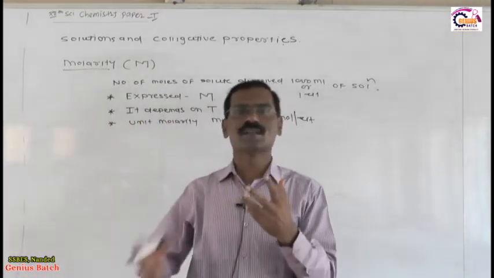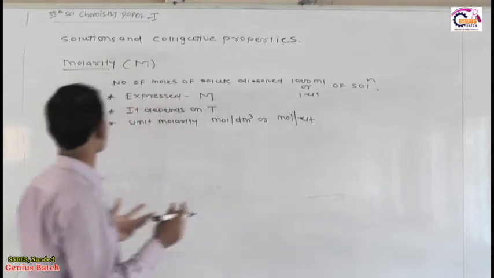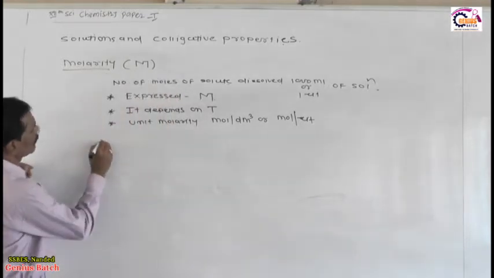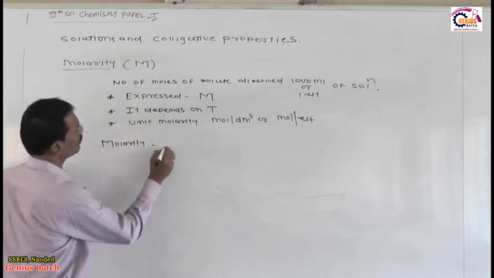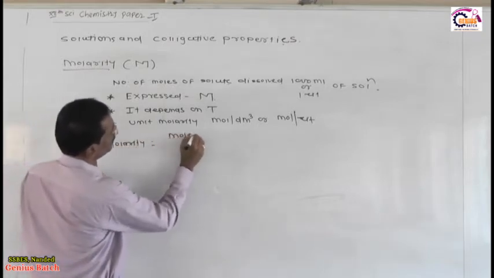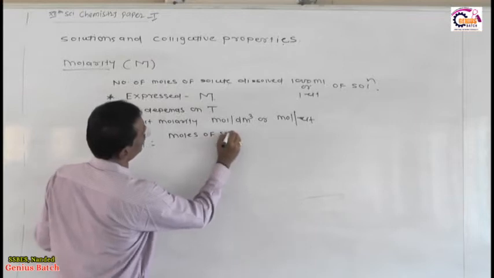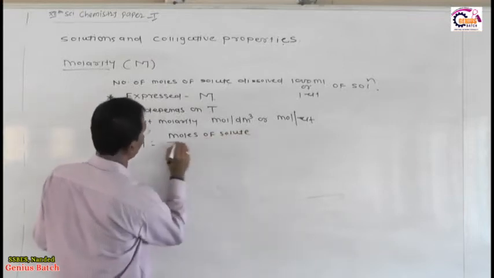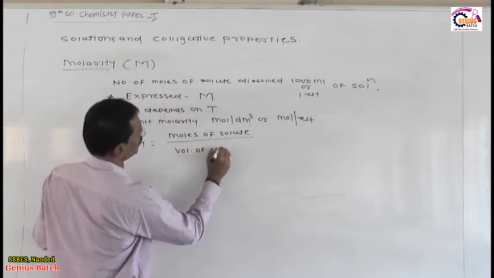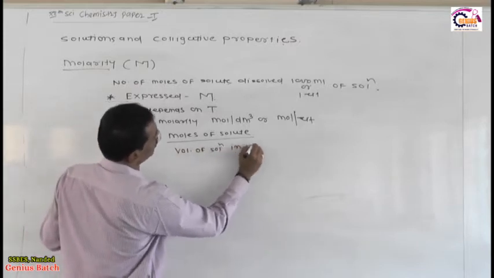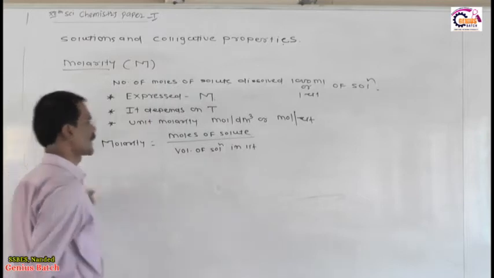Now, dear students, what is the formula related to this? It is a very simple formula: molarity is equal to moles of solute divided by volume of solution in liter.